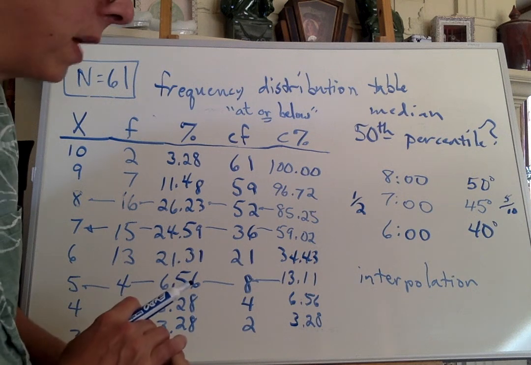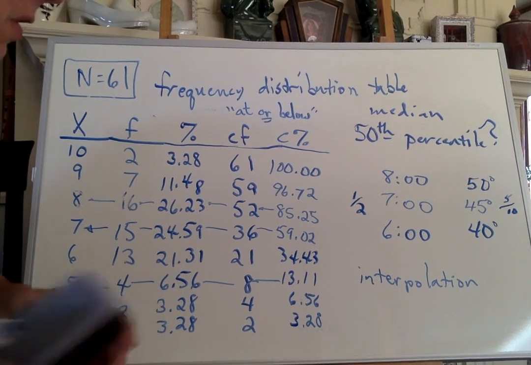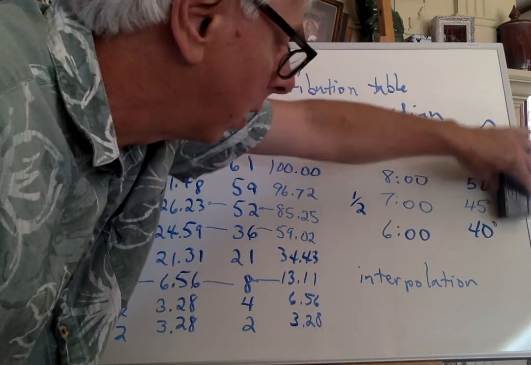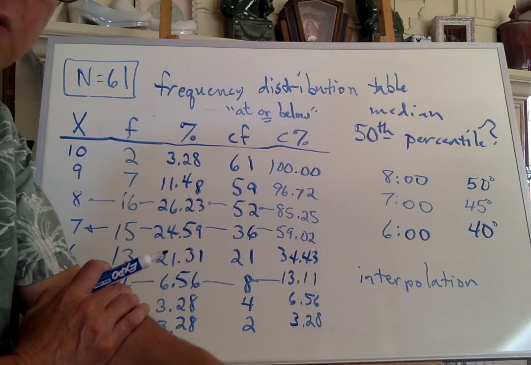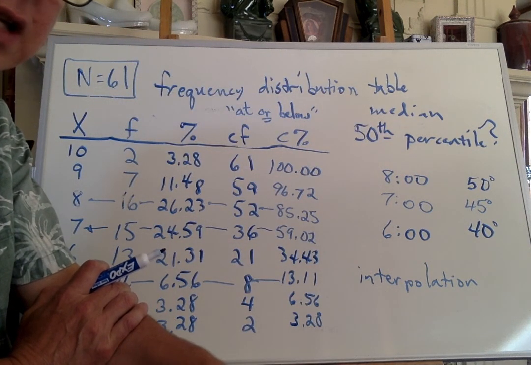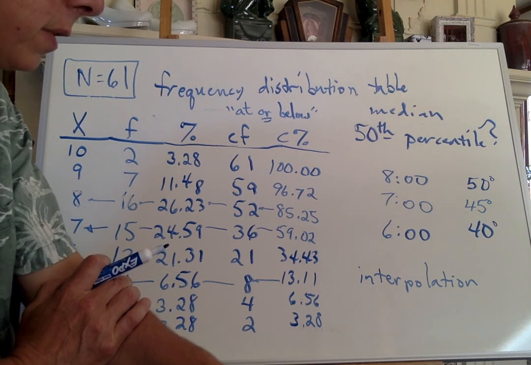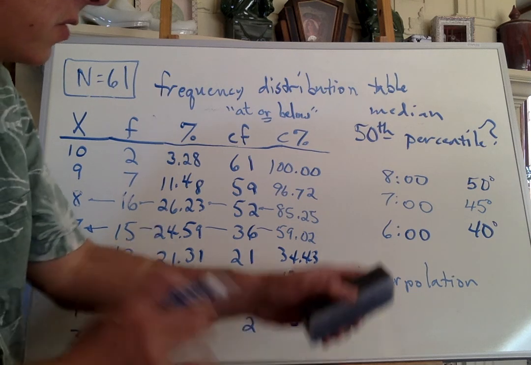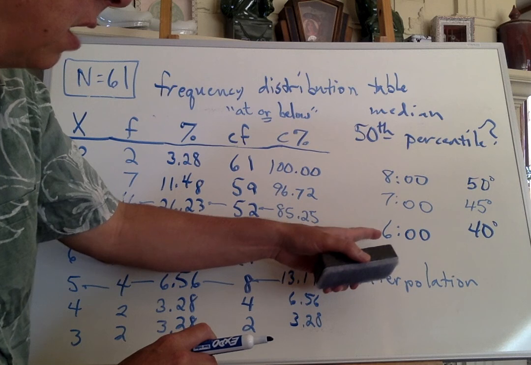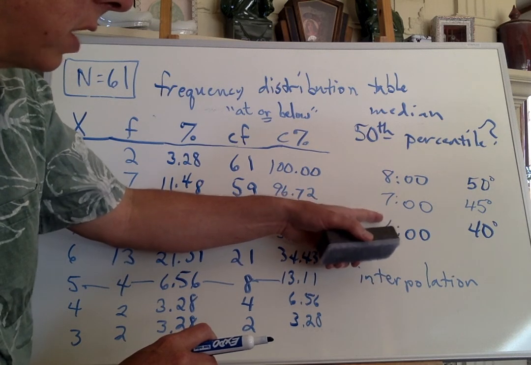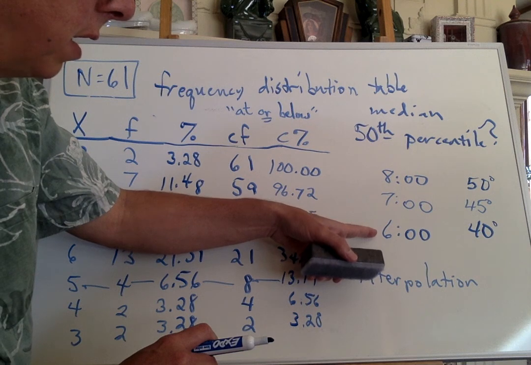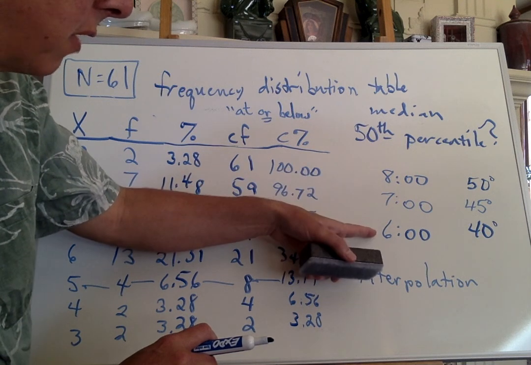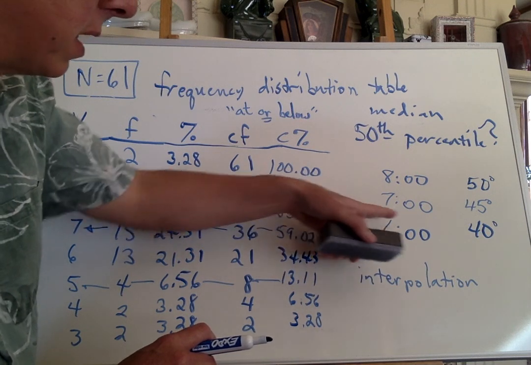Let me ask you this question. What temperature do you think it was at 6:30? Well, here we go again, right? So now we have 6:30, which is only a quarter of this entire interval, or it's halfway in between here.